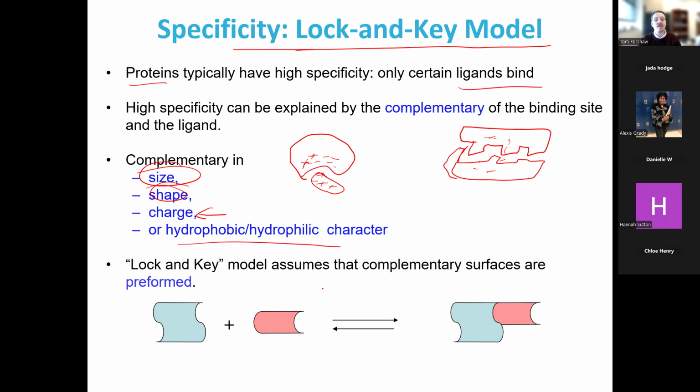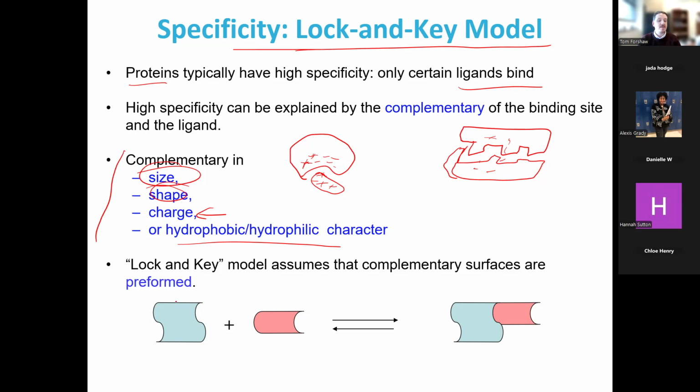And the same with hydrophobicity and hydrophilicity. If you've got a hydrophobic pocket, something hydrophobic is going to bind. Hydrophilic, something hydrophilic. Something that's got regions of both is going to match to those same regions on the ligand. And that's mostly true, but there's more to it that we'll go on to.